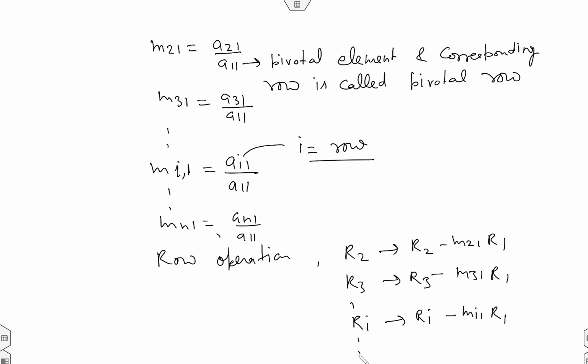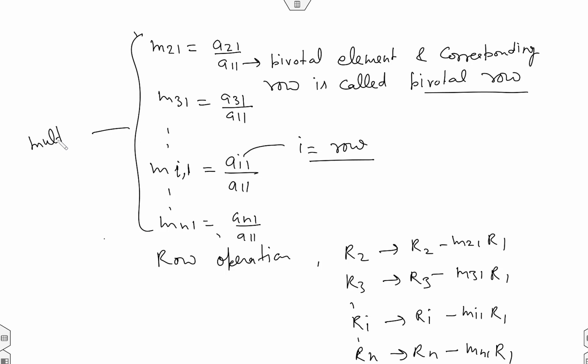Okay, so we are making 0 with the help of the first row, that's why the first row is called pivotal row, and then with the help of A11, because we are dividing in each multiplier by A11, that's why it is called pivotal element. So Rn minus Mn1 R1. Okay, so these M are called multipliers.